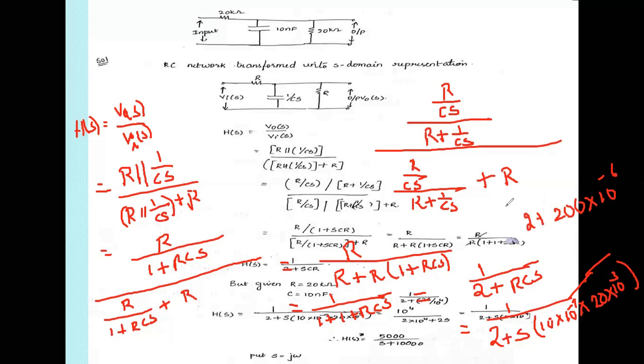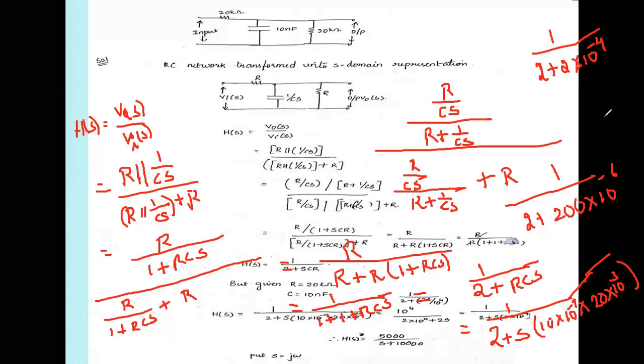2 plus 1 by, after substituting the value. Okay, my dear students. So still it is 1 by 2 plus 200. You can write as 2 into 10 power 2 into 10 power minus 6, that is 10 power minus 4.